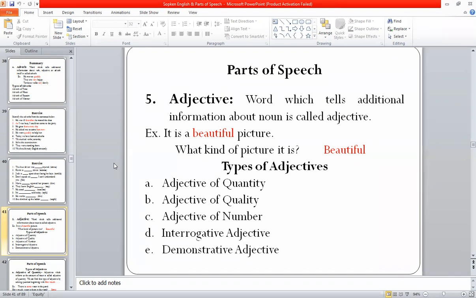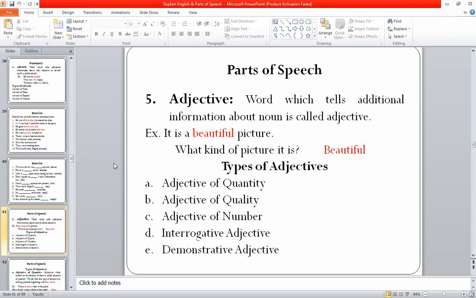We can classify them as adjective of quantity, adjective of quality, adjective of number, interrogative adjective, and demonstrative adjective.